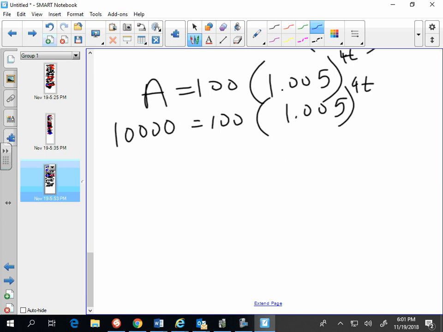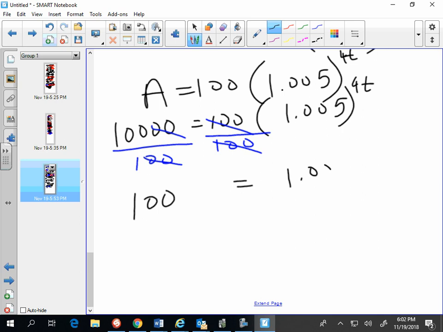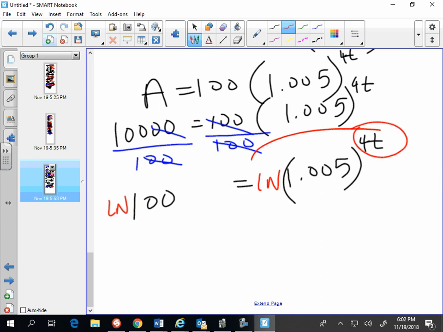I'll divide both sides by 100 now, and I'll get 100 equals 1.005 to the 4t. And just like in all those other problems, I'm going to take the ln of both sides, so I can bring this power down in front.